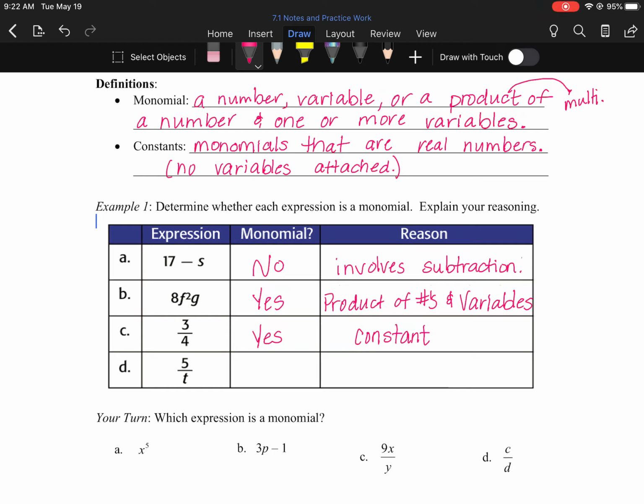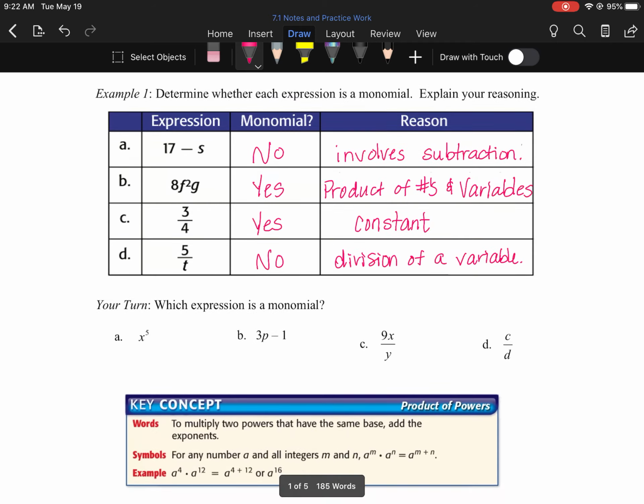Can I write 5 divided by t in decimal form so that it's just a number? And the answer to that is no. So we are not allowed to divide by a variable. So we're going to put division of a variable. Okay, because that we cannot do.